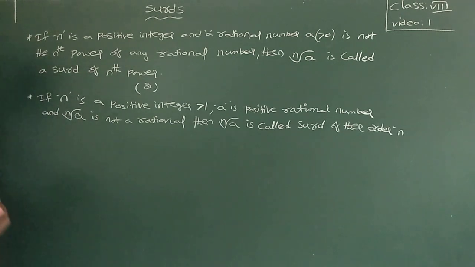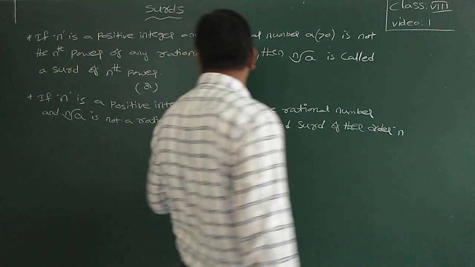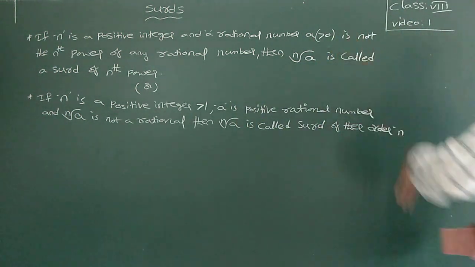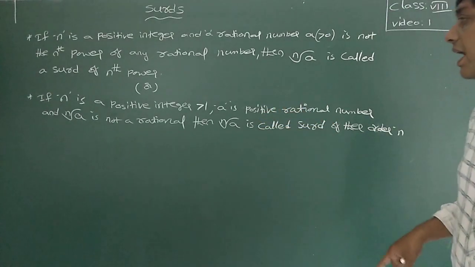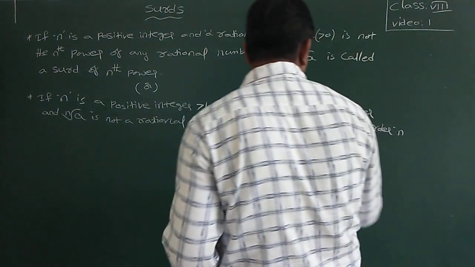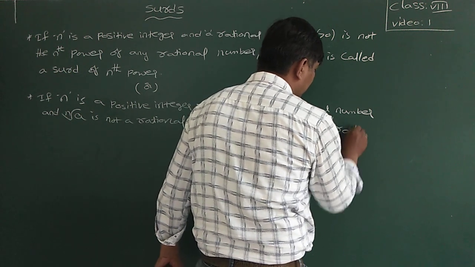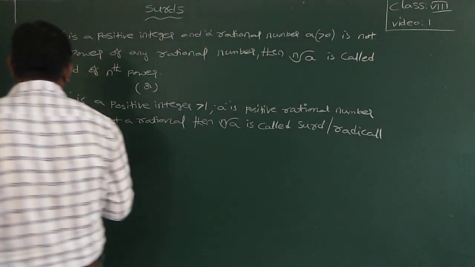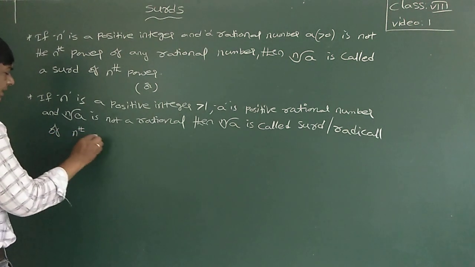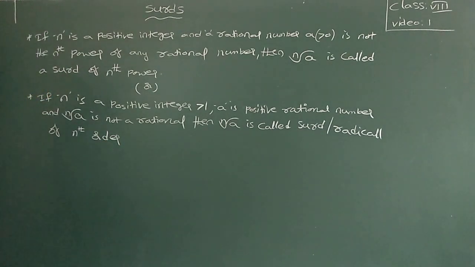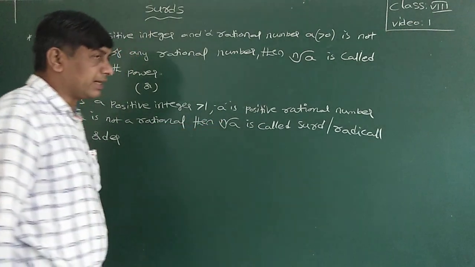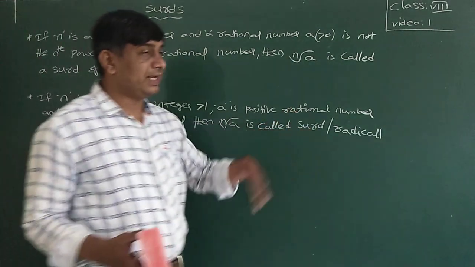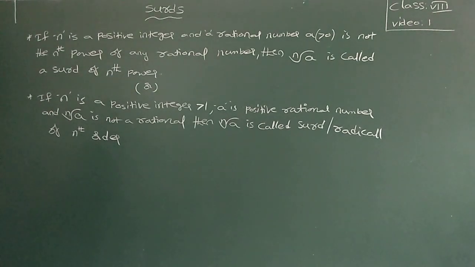If n is a positive integer greater than 1 and a is a positive rational number greater than 0, as I already gave the clear information, and the nth root of a is not a rational number, then the nth root of a is called a surd or radical of nth order, or of order n, because here n is there. Surd is also known as a radical.